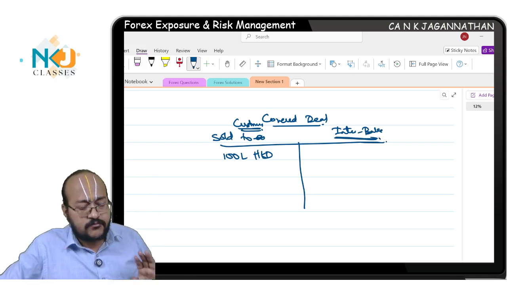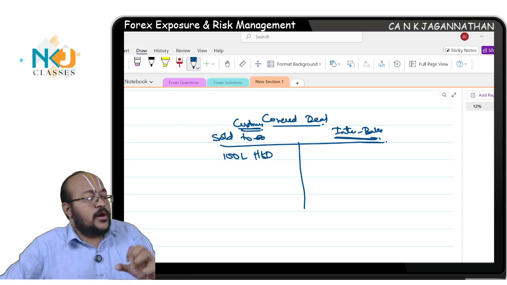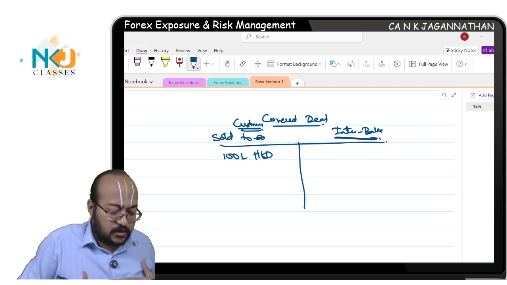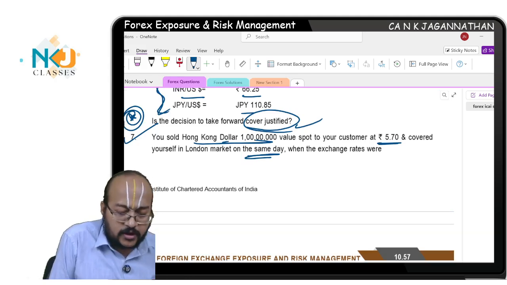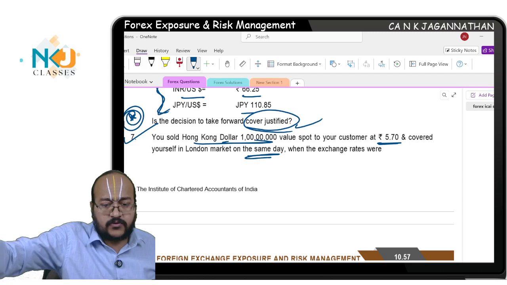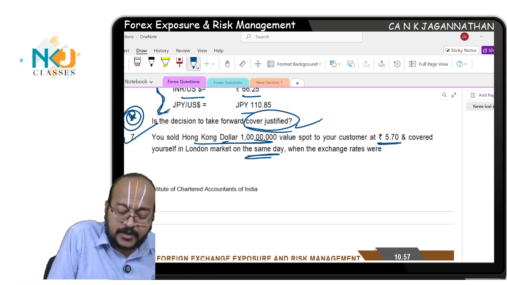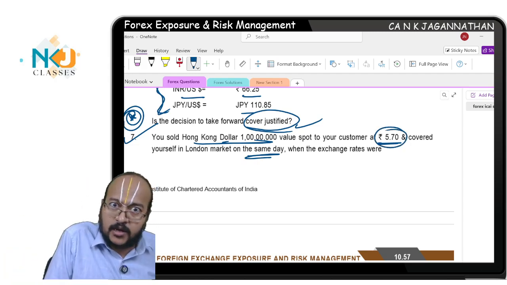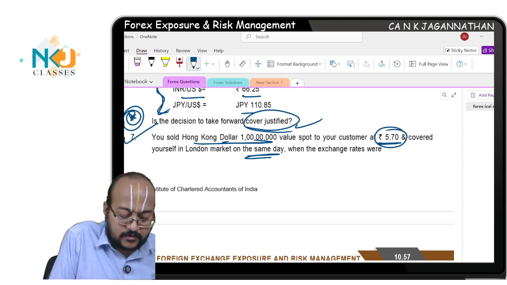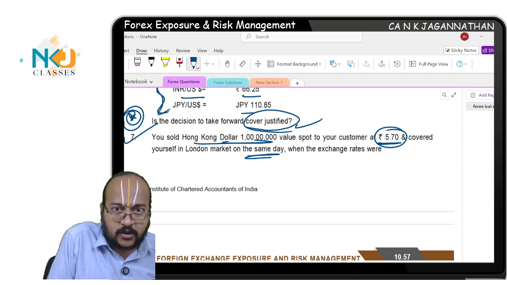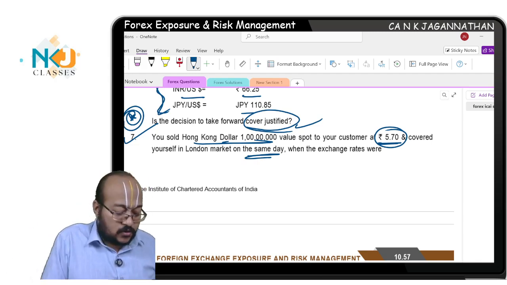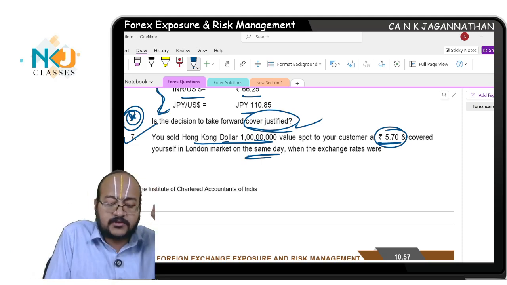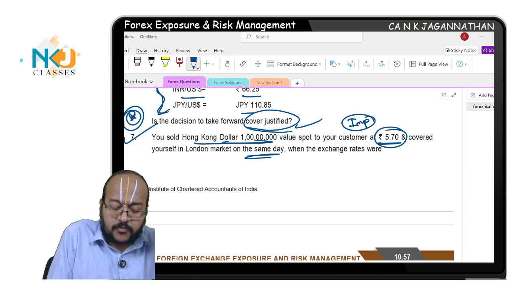Now assume you have something very risky. Very simple. Say this customer is export oriented. You sold Hong Kong dollar, right? The dealer is selling Hong Kong dollar, which means he will be buying Indian rupees. Are you all understanding? Assume there is an import customer.